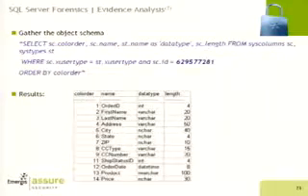So in order to get the schema of the order table, we can run the following query, select call order, name, data type, etc. from syscolumns, where the object ID equals the object ID that we gathered from the transaction log. What this does is it dumps the order ID of the columns within the actual database.